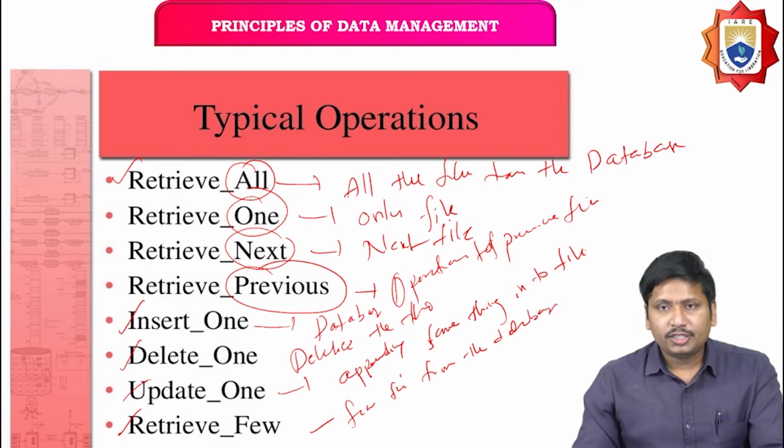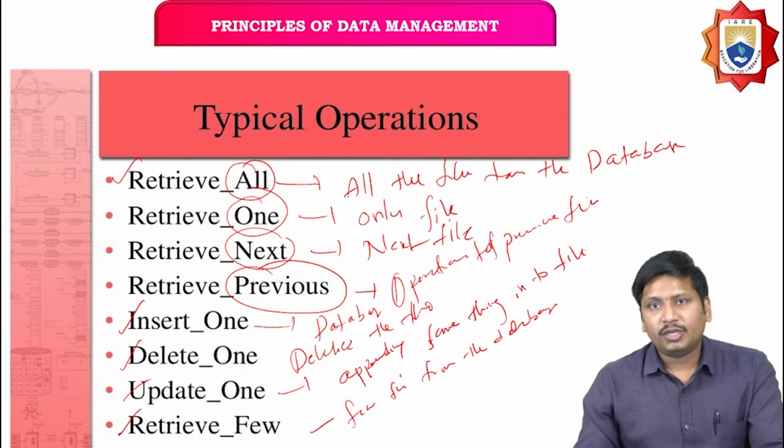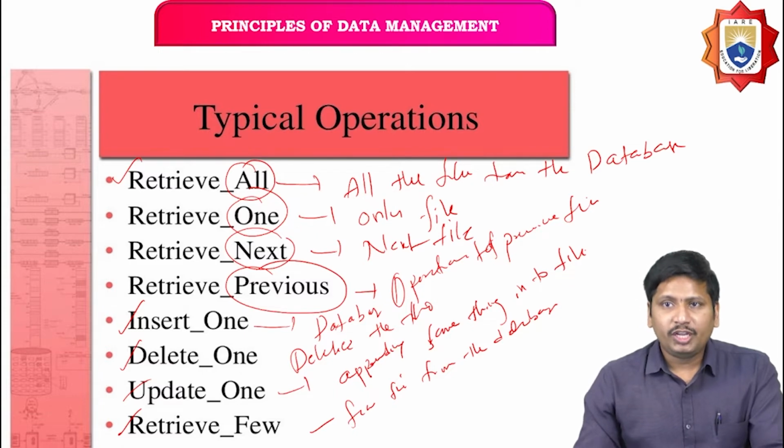So these are the various typical operations that we are going to perform on files. Retrieve all, where you can retrieve all the files from the database, and retrieve one means you can retrieve one file at a time. Retrieve next means you can retrieve the next file from the current file. Retrieve previous means you can retrieve the previous file from the current file.